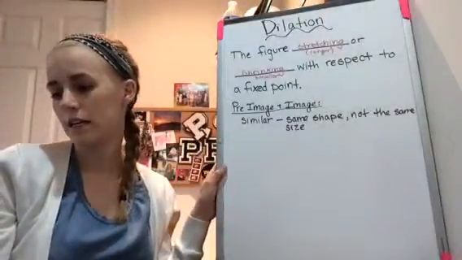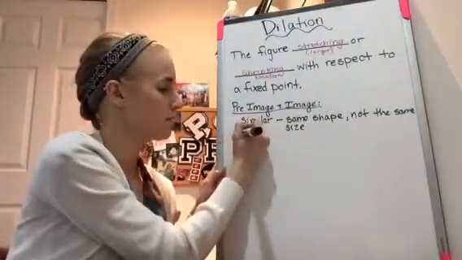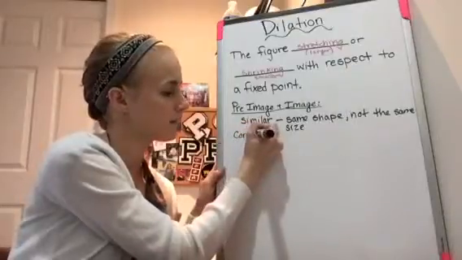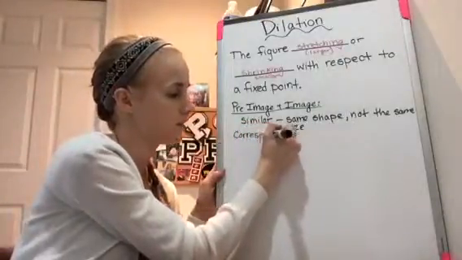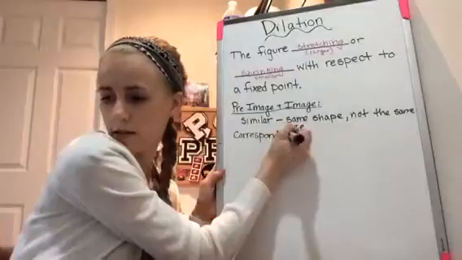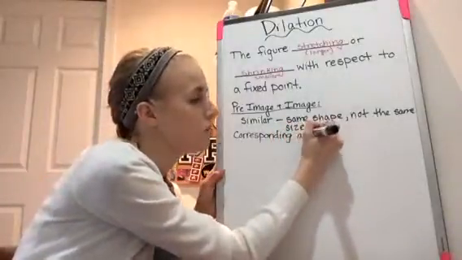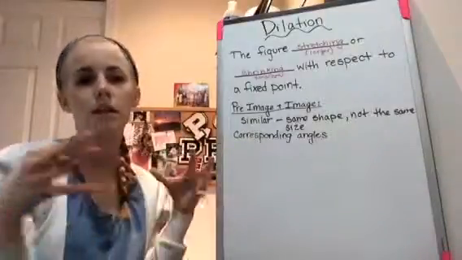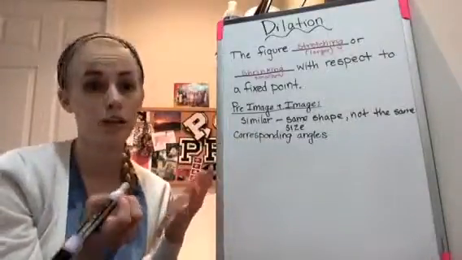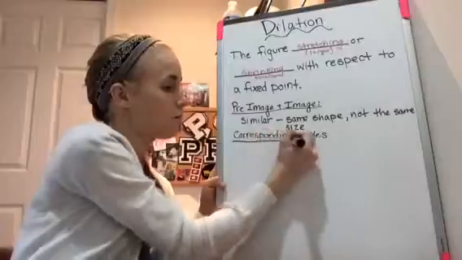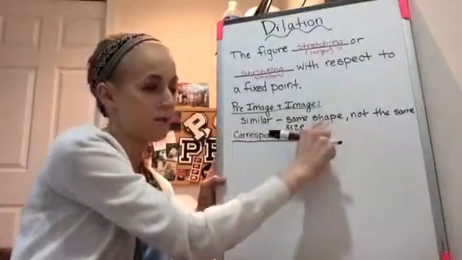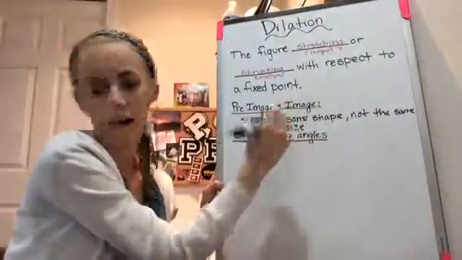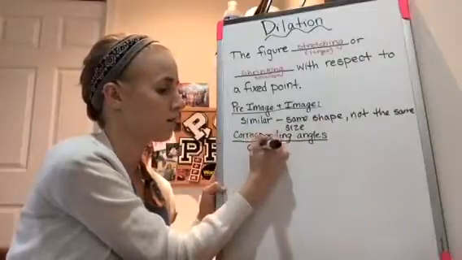The next one is that corresponding angles. Well, as much as we are shrinking or increasing, that's not going to change between our original, our pre-image, and our image afterwards. They are still going to be congruent.